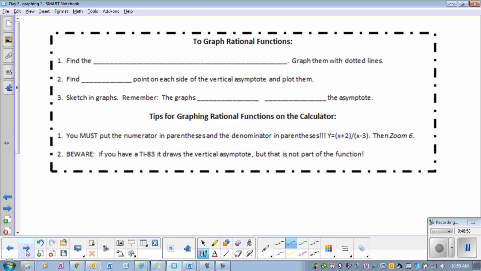Alright, so to graph rational functions, here's what you need to do. You're gonna have to graph them. Rational functions. You need to find the horizontal and vertical asymptotes. And then graph them in with dotted lines.